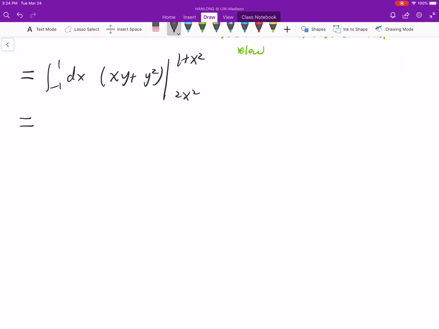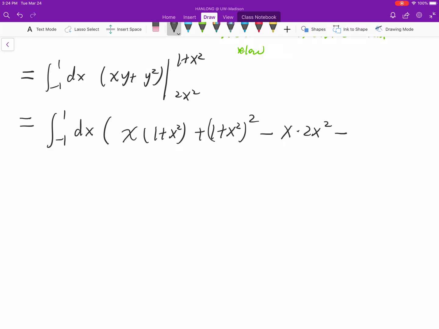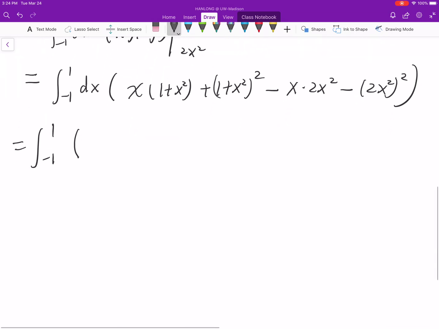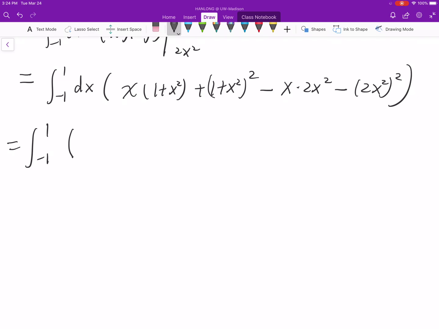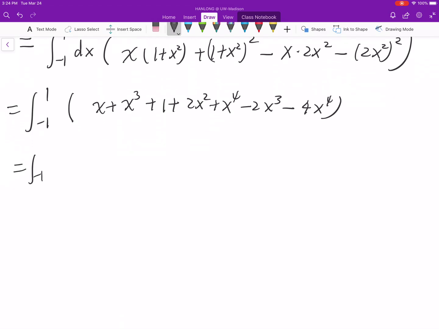Okay, then you have x times 1 plus x squared plus 1 plus x squared squared minus x times 2x squared minus 2x squared squared. Okay, next we simplify this by distribution law. x plus x cubed plus 1 plus 2x squared plus x to the fourth minus 2x cubed minus 4x to the fourth. And also you have dx.